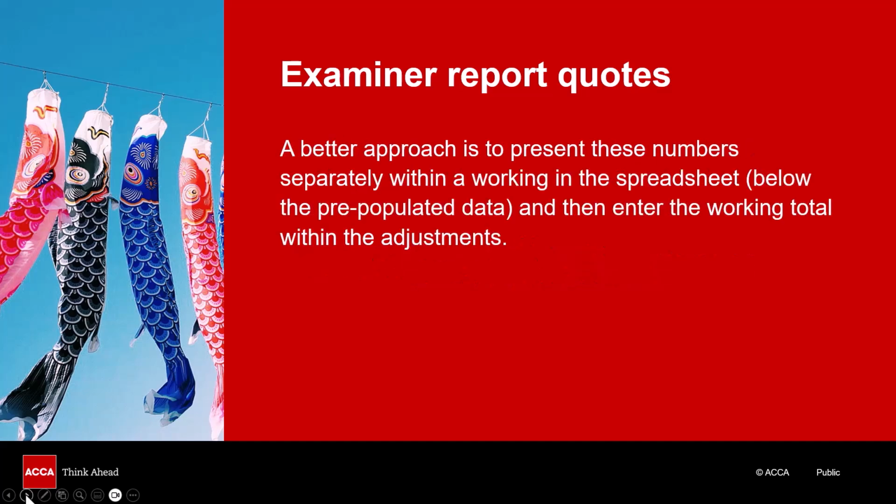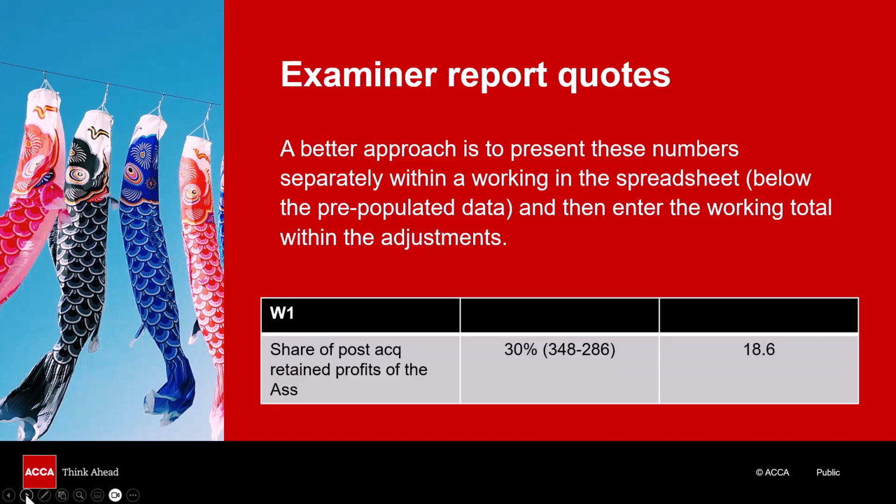So a better approach is to show the numbers separately within a working in the spreadsheet and then enter the working total within the adjustments. Let me show you an example.